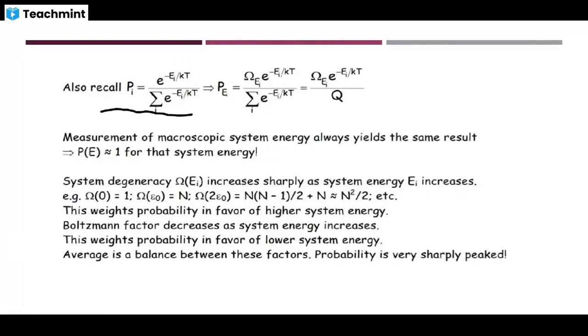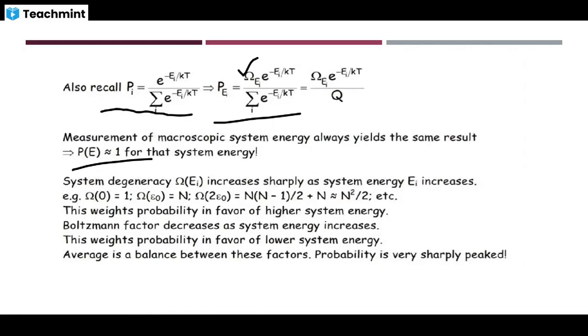Probability for system energy Ei, probability of Ei equal to degeneracy and e power minus Ei divided by kT divided by the summation over i of e power minus Ei divided by kT. Measurement of a macroscopic system always yields the same result. Probabilities for that system energy.